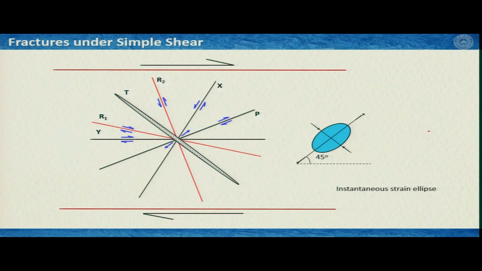So, let us have a look. If this is the brittle piece of the rock and we are applying a dextral sense of shear, or clockwise shear, then it would produce primarily a tensile fracture in this orientation, because once you have a setting like this, your instantaneous strain ellipse would take a shape like this, and you can figure out that this is your extension direction and this is your compression direction.